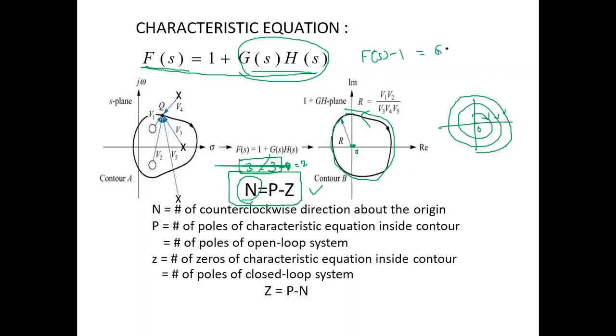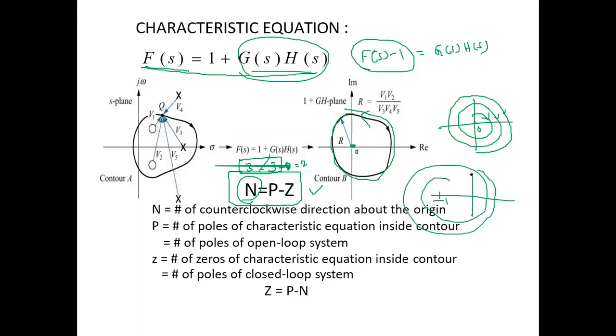So this is equal to g of s into h of s. So using this plane, we will check the system stability not with respect to the origin, but with respect to the minus 1 point, and we will see the number of encirclements. So about the minus 1 point on the real axis, how many encirclements are there? That n value must be equal to p minus z. Then only the system is said to be stable.